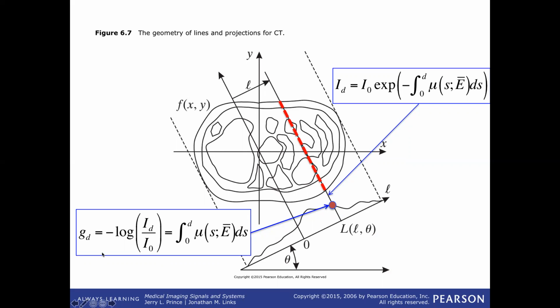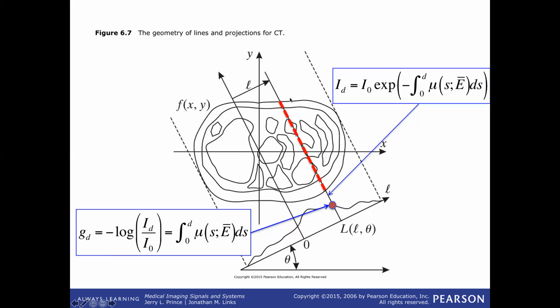In CT, it was the amount of attenuation of X-rays at a point. And when the X-ray attenuation was high, the value of that function was high. It's kind of in the opposite direction, but the value of that function was high. And when the X-ray attenuation was low, the value of that function is low, and that's this function here.